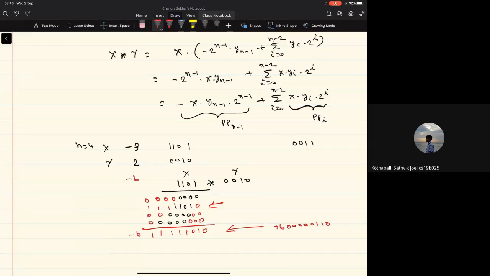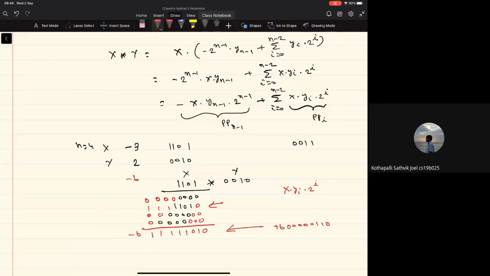So what is important to note here is that whenever we generate the partial product by performing x multiplied by yi and then shifted by i number of bits to the left, we need to generate the total number of bits for this partial product to be 2n. In this case, it is 8.